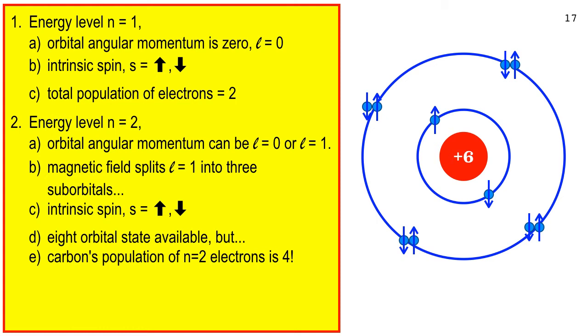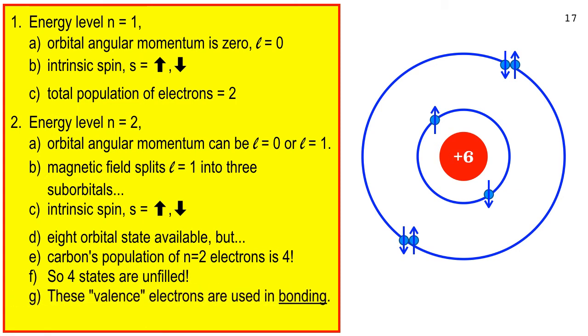So carbon at n equals 2, it's just going to have 4 of them up there. So we better erase a couple of these. Okay, 4 of them are unfilled. Let's cut those 4. And then the 4 that are out here in the outermost energy level, those are called valence electrons. And they are used for bonding.